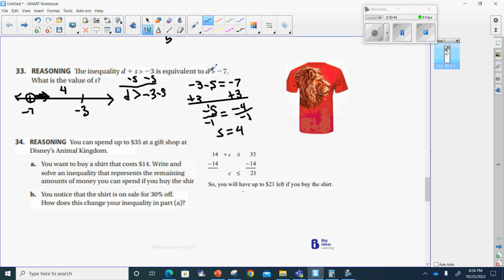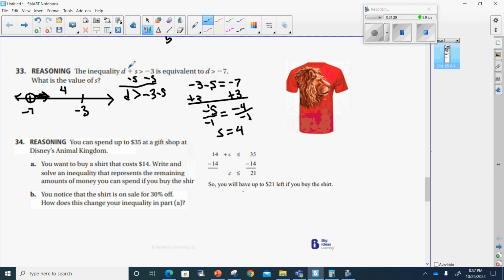Oh, sorry, this is D. We found out what S was. I'm trying to figure out how to do this backwards to check it. I'm pretty sure that if I took S over here, made it a 4, when I combined it over here, I'd have a -7, right? Yes. So that would tell me this number is bigger than -7.